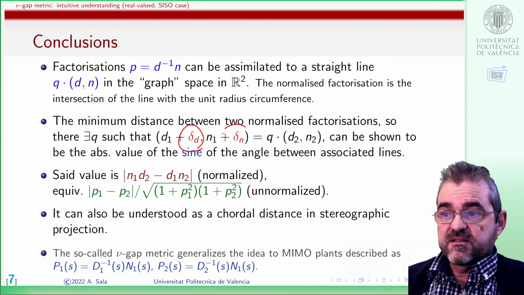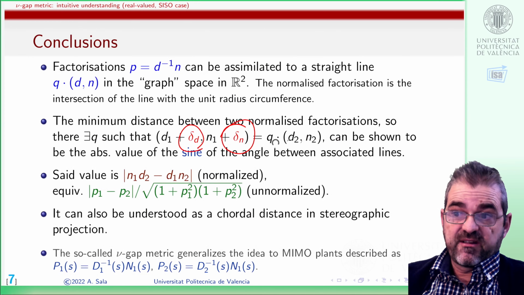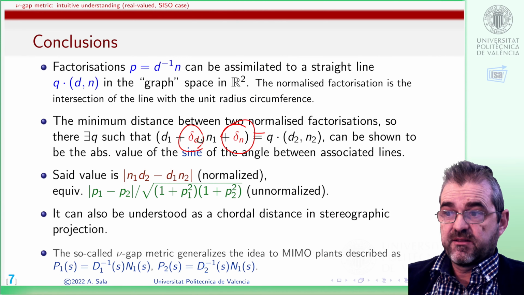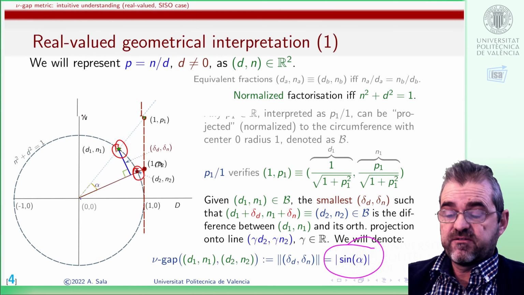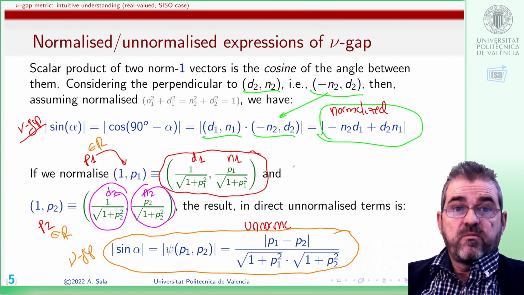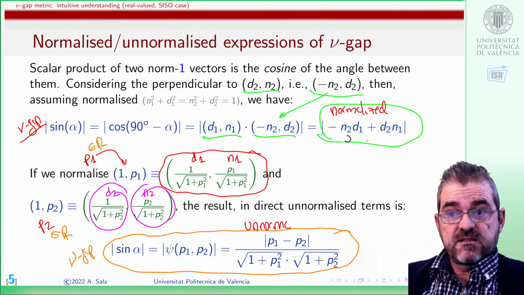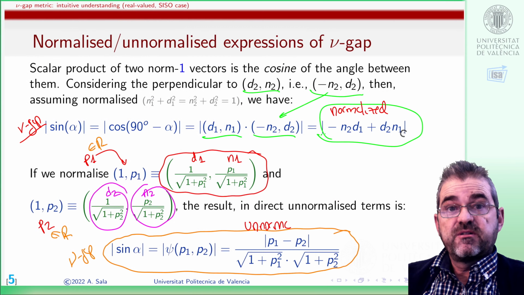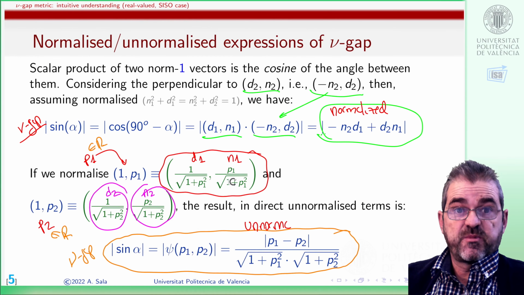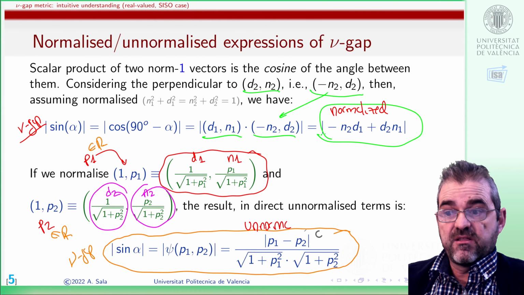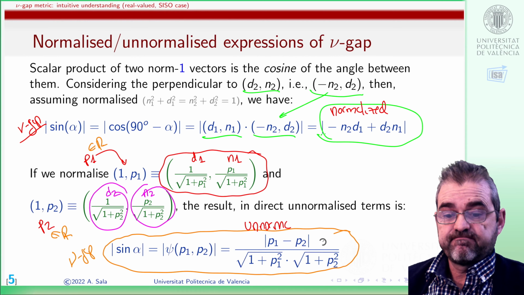The minimum distance that converts a nominal plant into something equivalent to a disturbed plant, this delta, is the sine of the angle difference, but okay, we can write it as this if we have the normalized expression, and if we have the original real numbers, as the normalized expression has the expressions down there, then we can write it like this in the unnormalized expression.